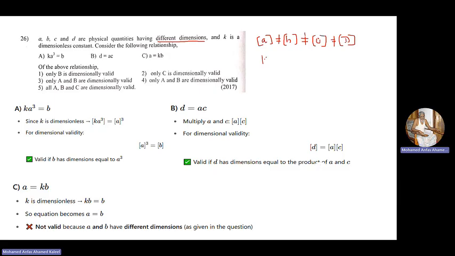So the dimension of K is equal to 1; it is dimensionless.